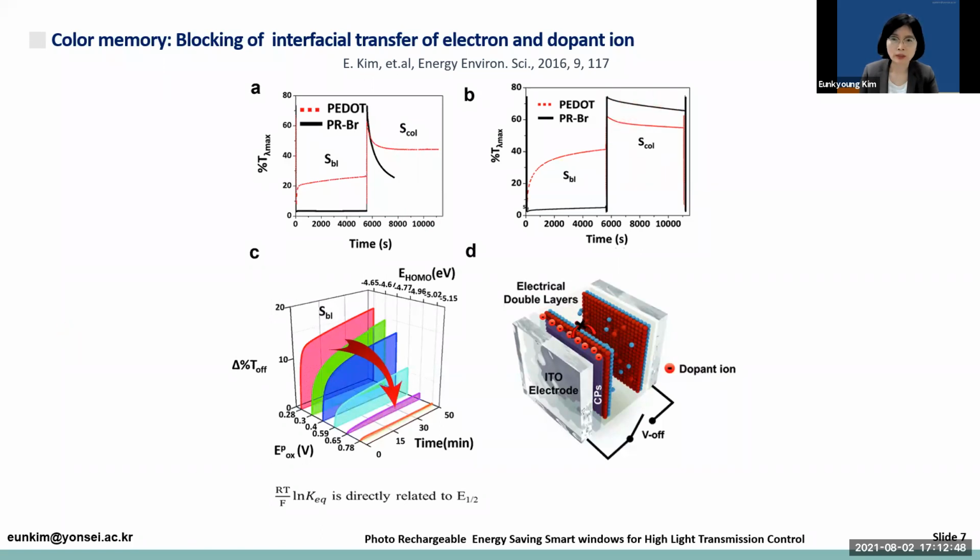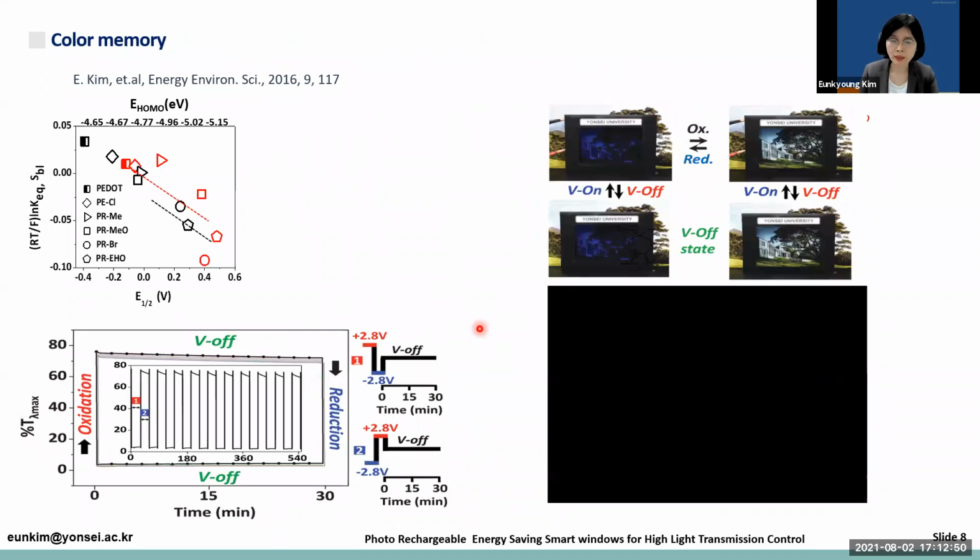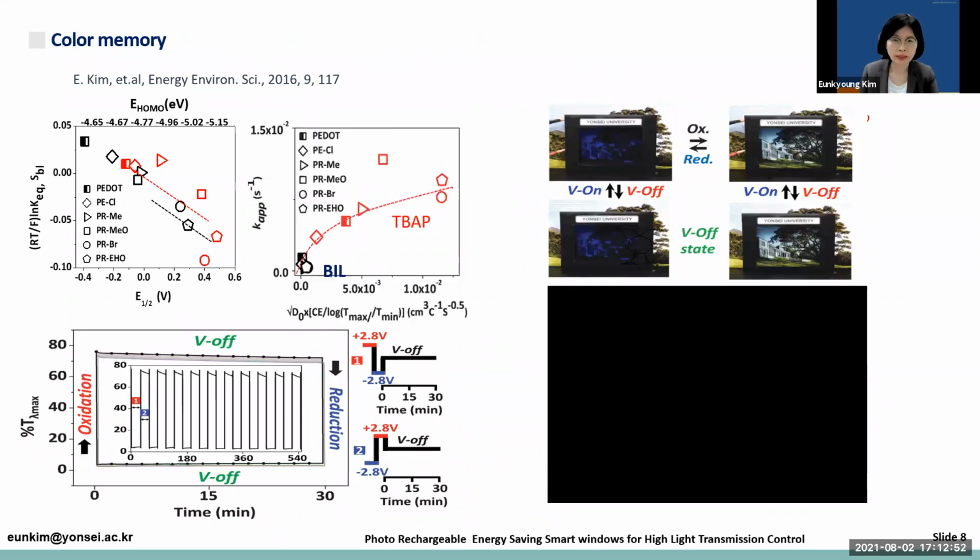So to get this bistability, we can see the interfacial electron transfer as verified from the plot of overpotential against E half, or dopant ion transport. Here is the plot for the rate constant for dopant ion against two different electrolytes.